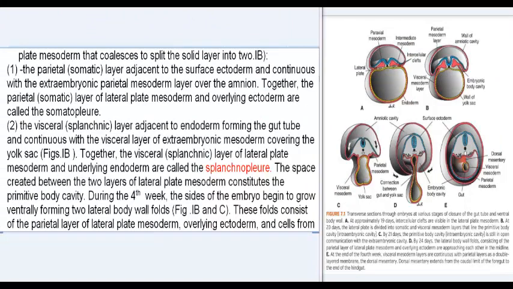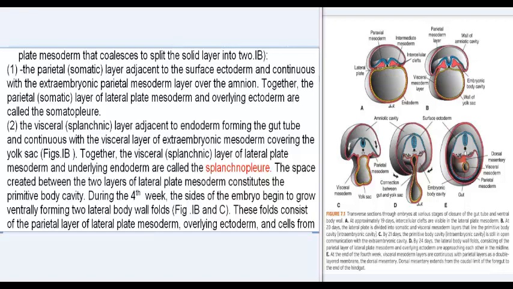1. The parietal, somatic, layer adjacent to the surface ectoderm and continuous with the extraembryonic parietal mesoderm layer over the amnion. Together, the parietal, somatic, layer of lateral plate mesoderm and overlying ectoderm are called the somatopleure. 2.